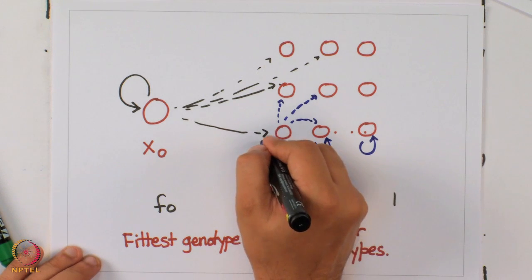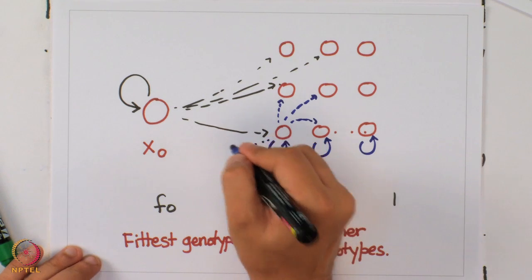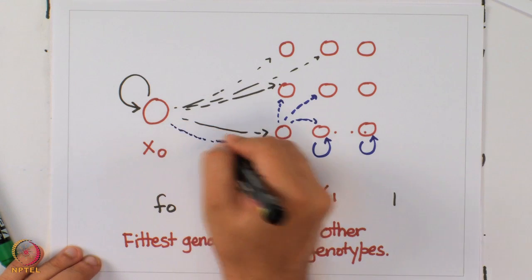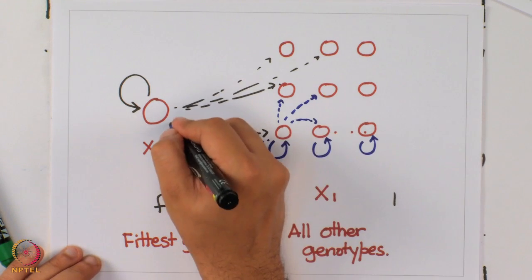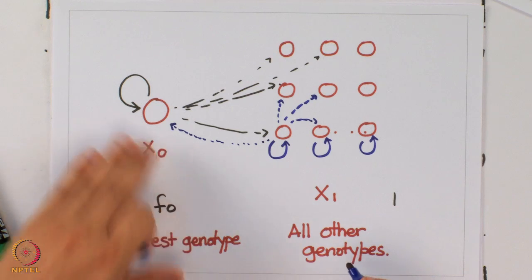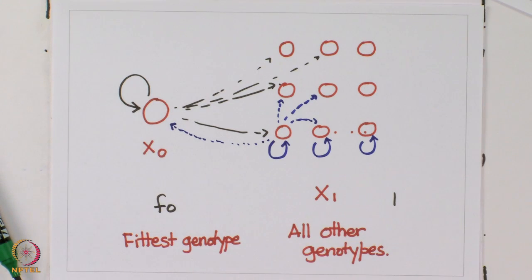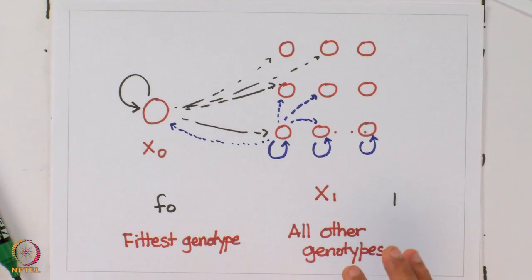In addition, it's also possible that a replication of this particular genotype leads to a progeny which actually converts to the fittest genotype and goes over to the other pool. What we want to do when we continue this in the next lecture is understand these transitions and develop equations which help us quantify these relationships and analyze the steady state associated with the system.